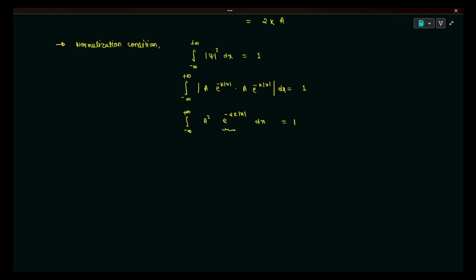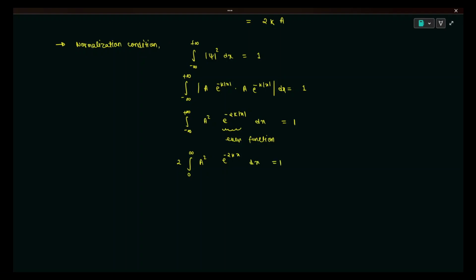And now notice that this function is an even function. So in that case, we can write this integral from 0 to infinity, and that should be twice a square e raised to power minus 2k, in place of mod of x I can simply write x, dx equal to 1.